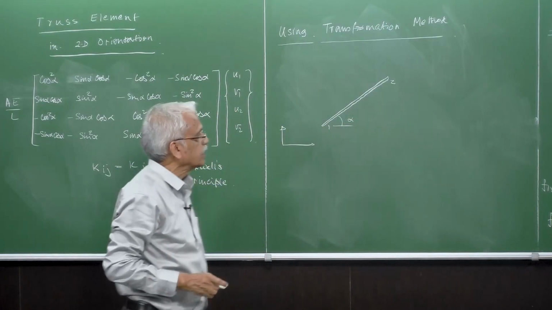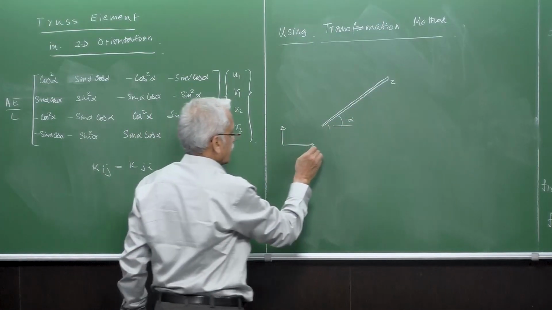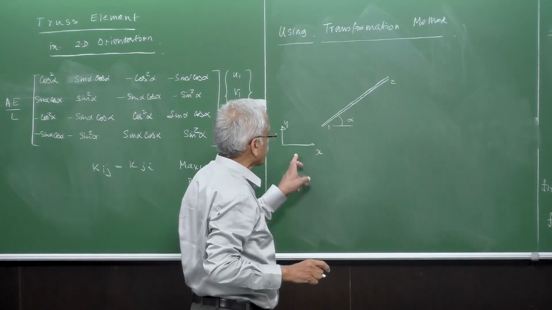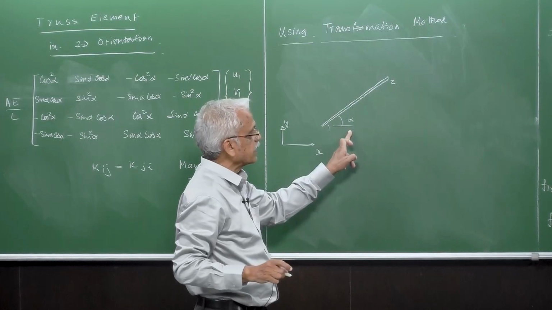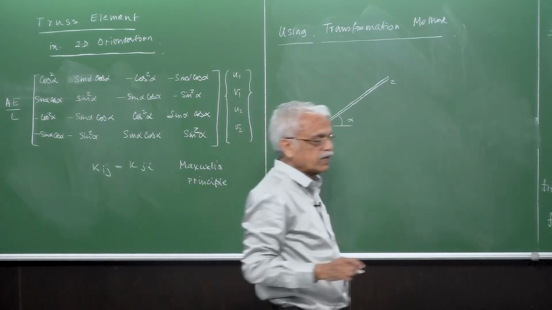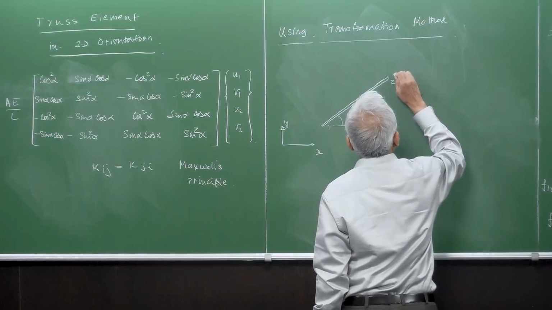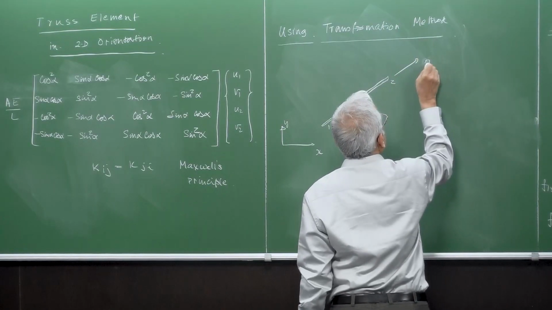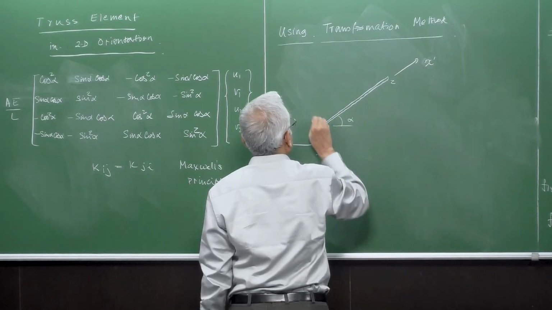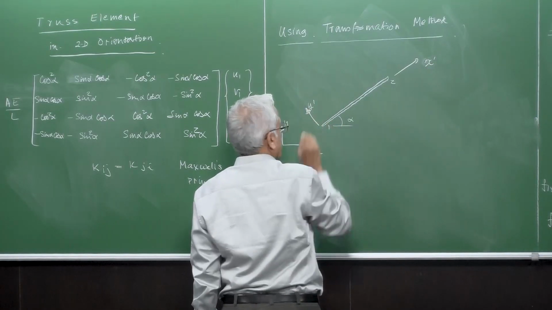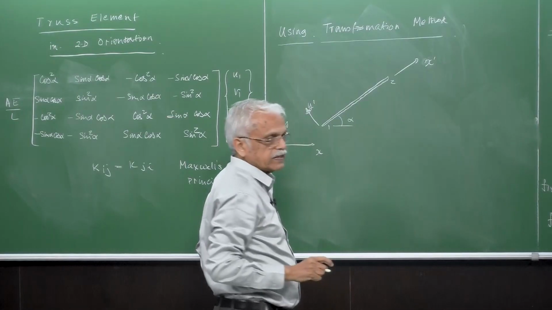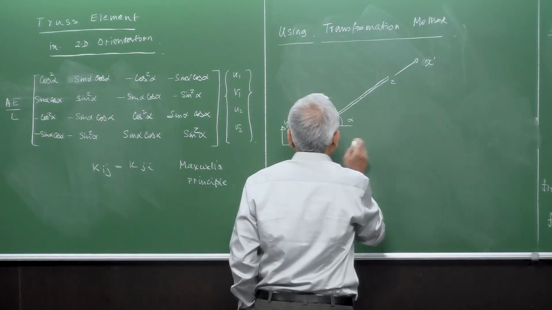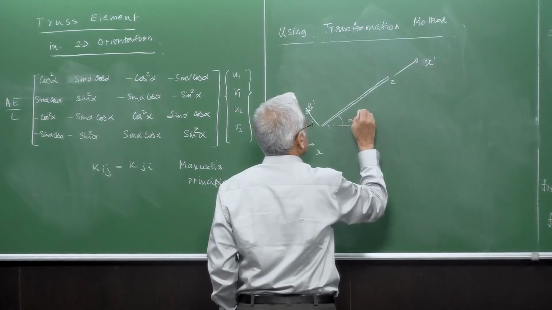So this is the xy set of axes, and this is the general orientation at alpha. What we know is that, for example, if I set up axes here, x prime and y prime, let us say, then in the direction of x prime there are displacements here.